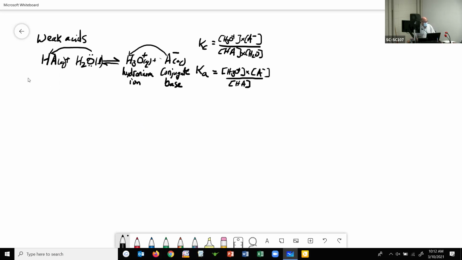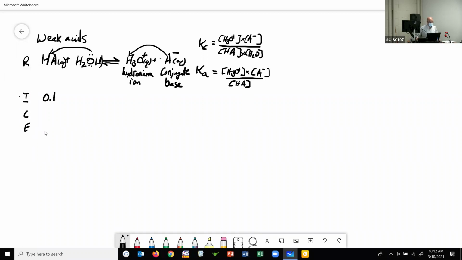So we're going to set up our RICE table. I'm going to scroll down just a little bit because I put those words underneath. So let's say this initial concentration is 0.1 molar.